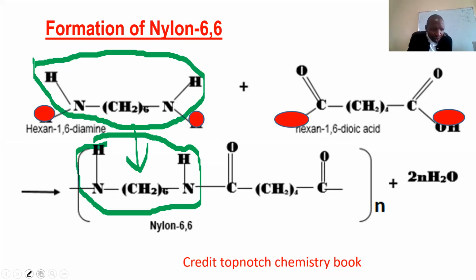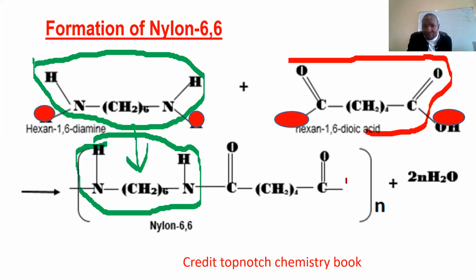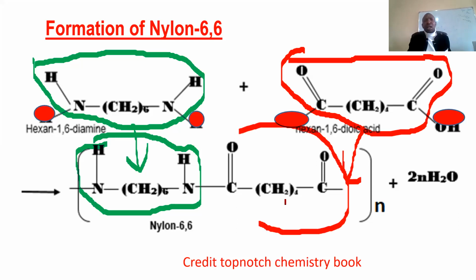Then we continue and we look at the other one. The dioic acid, whose component is that, the remaining component after giving the hydrogen combines to form this. And I think that is very clear now. Then the atoms that will be removed from each of them, hydrogen and hydroxyl, combine to form water. Melewa?